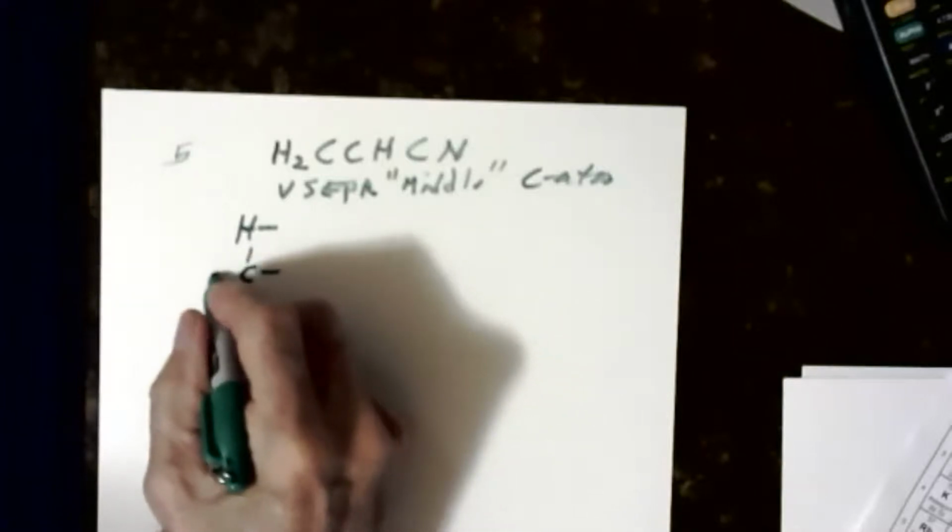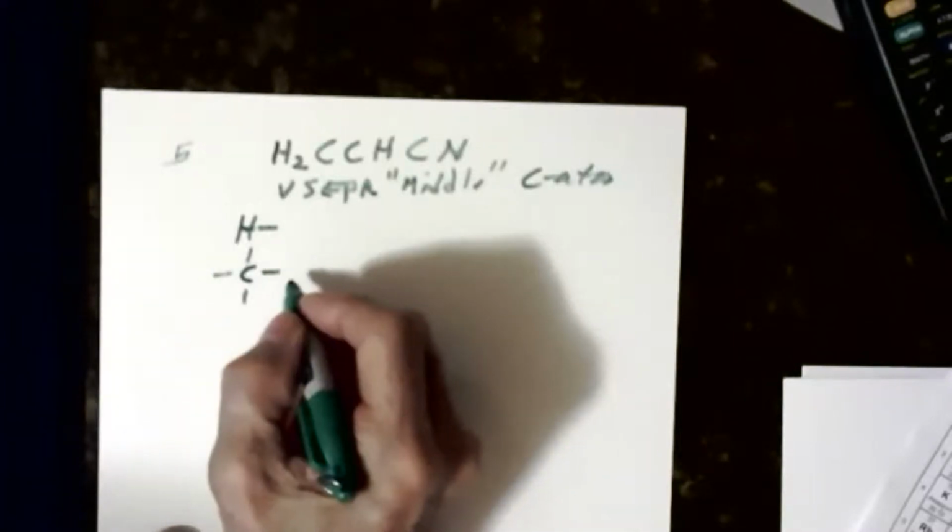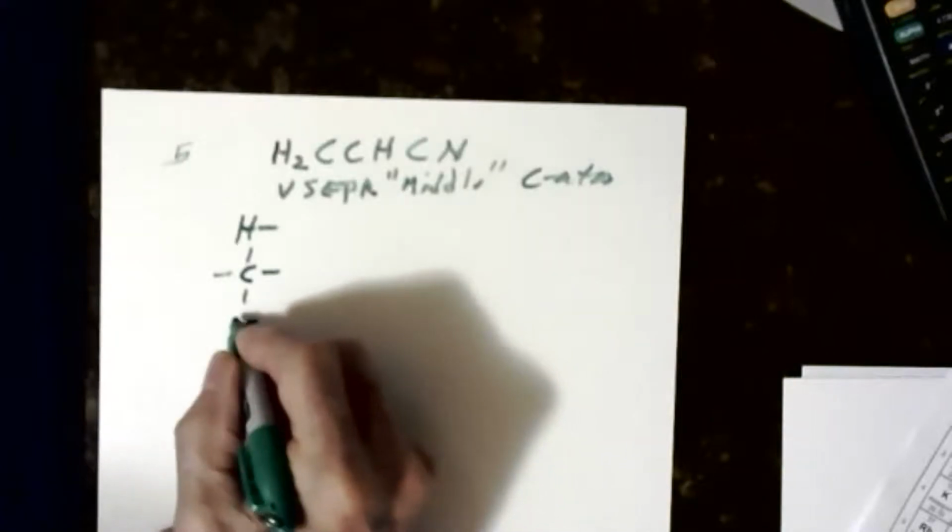Now there's lots of ways we can do it. We can have 4 single bonds like that. You could have 2 singles and a double. You could have 2 doubles, or you could have a single and a triple. So all of these are the possible ways that carbon can be bonded.